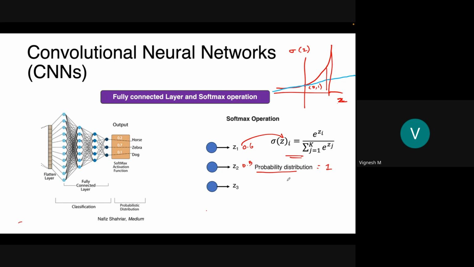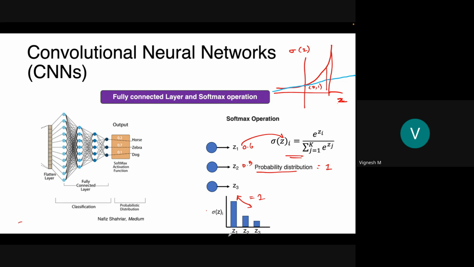So let's take an example. As I told you, one possible distribution could be something like this, right? Now Z1, Z2, Z3 have some activations, and this is a probability distribution. All of this will add up to 1. Okay. And how will you now know what output the network is trying to predict here?